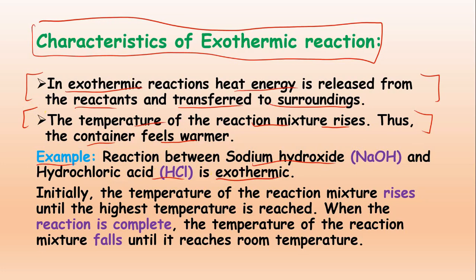Now look at the main important phenomenon or concept in the exothermic reaction. Initially the temperature of the reaction mixture rises until the highest temperature is reached. When the reaction is complete, right, then what will happen? The temperature of the reaction mixture falls until it reaches room temperature. This is the main mechanism in the exothermic reaction.